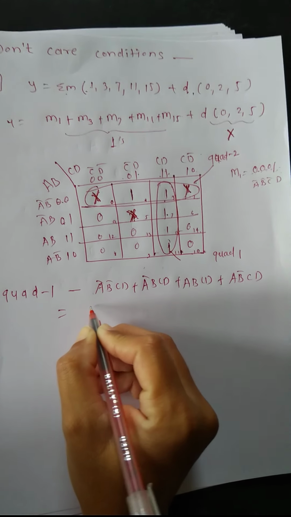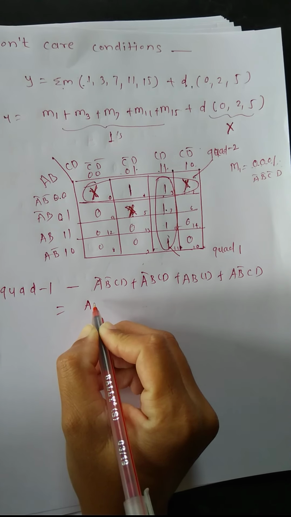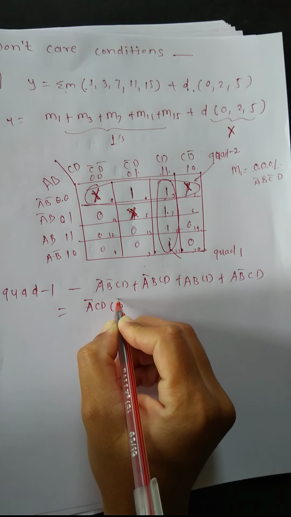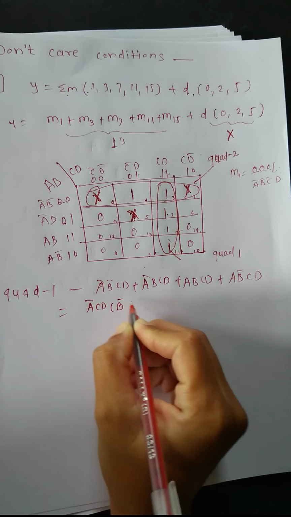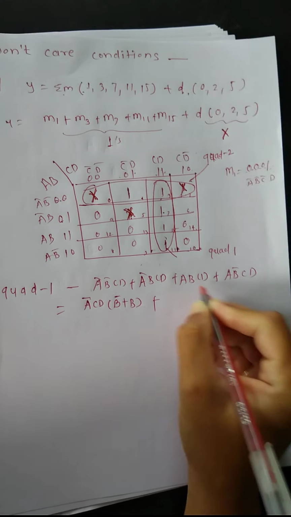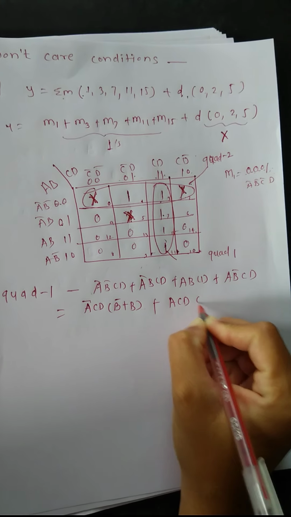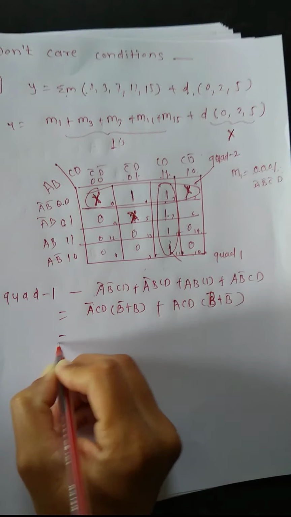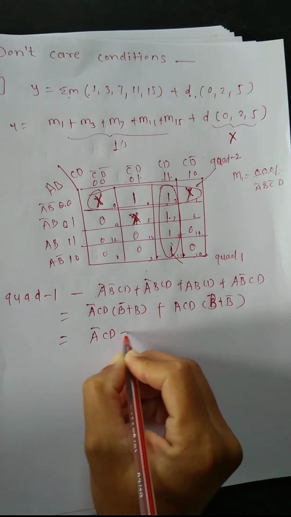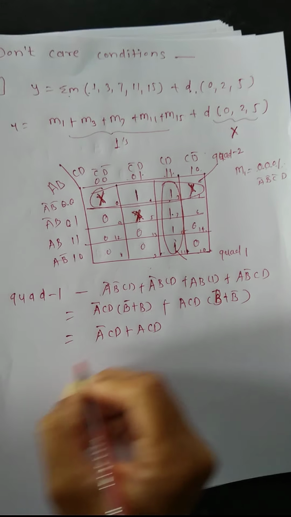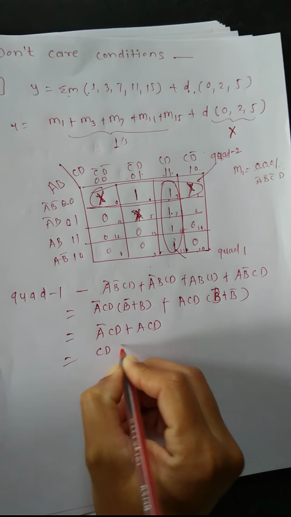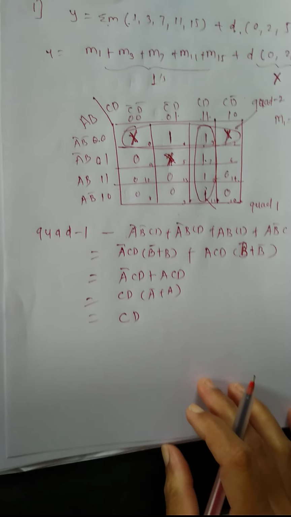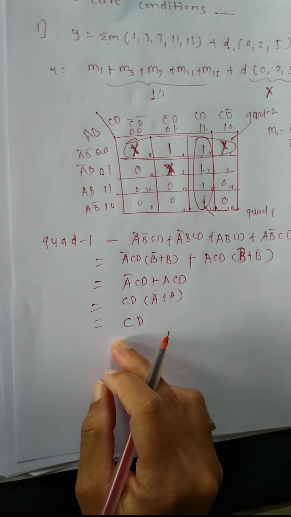On this expression a bar, c, d, b bar plus b, plus from this a, c, d, b plus b bar. You have to use that law, and the equation is a bar, c, d, a, c, d. On these two you have to use the law a bar plus a, and the answer for quad 1 is a, c, d. Quad 1 is a c d.